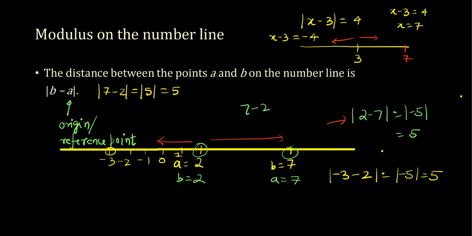Positive distances mean towards the right, negative means towards the left, right? So x minus 3 equal to minus 4, you will get x as minus 1. You can count the distance: this is 2, this is 1, 0, and then you arrived at minus 1, 4 distances towards the left.